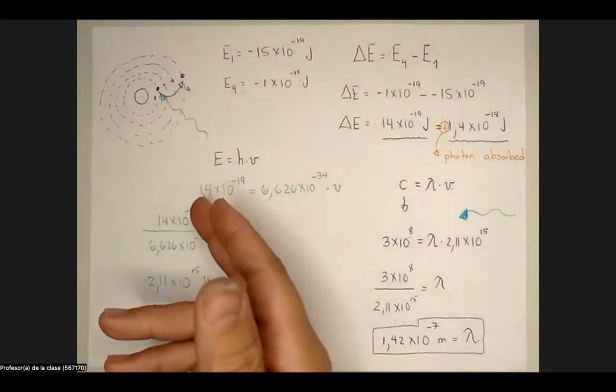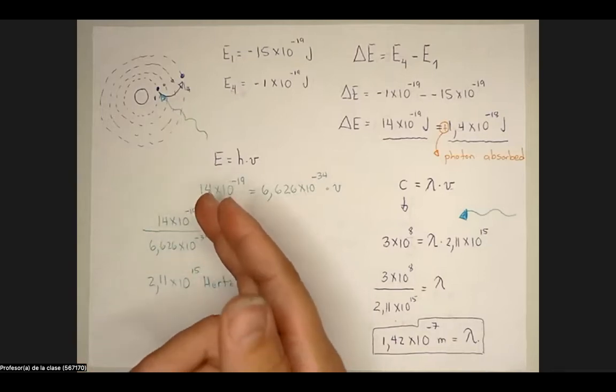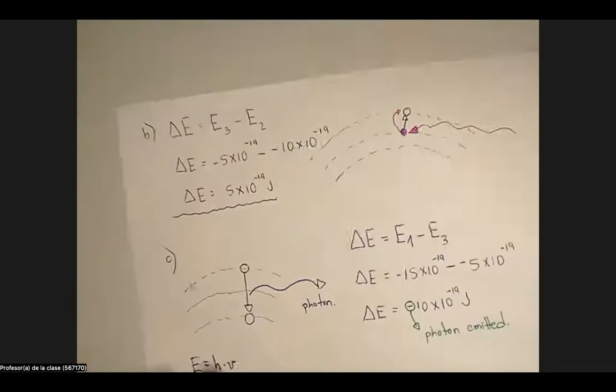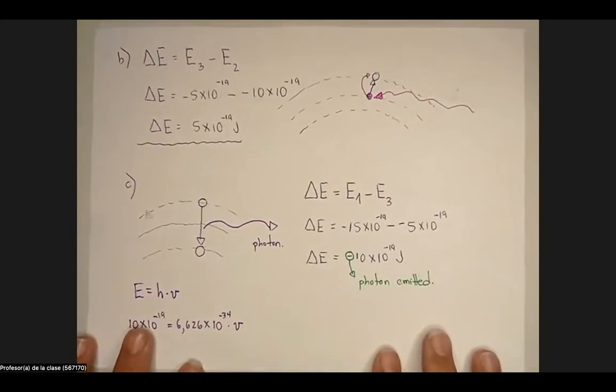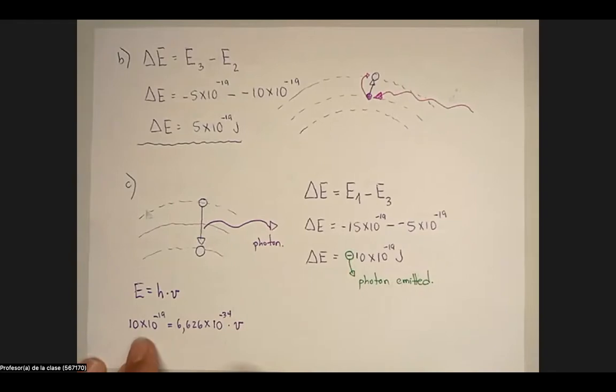We will not have a problem with the sign because it's positive. The problem is when the difference in energy is negative, you cannot use it. It's thanks to the interpretation and the physics, because we cannot have a negative frequency.